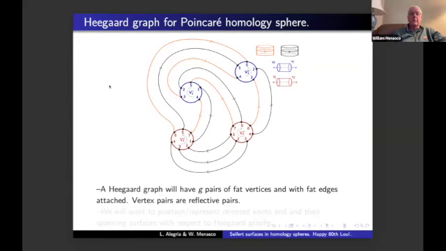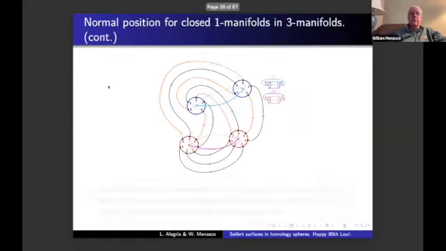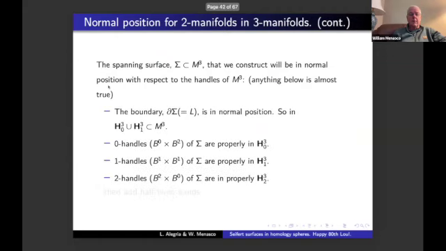So let's go forward. And then the 2 handles for the surface, they're going to be parallel copies of the core of your tuna cans, of your 2 disc. So here is your 2 handle.